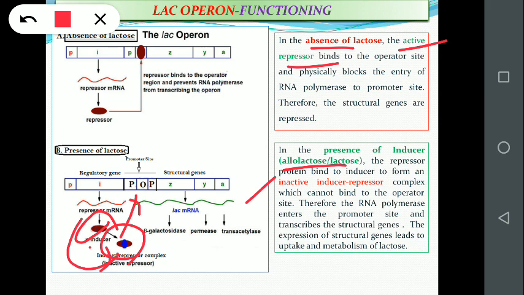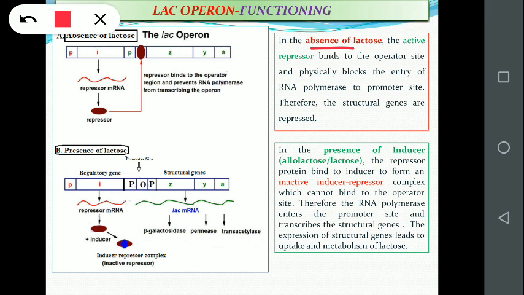That allolactose acts as a stronger inducer than lactose. The allolactose comes and binds to the repressor molecule, so it becomes inactive, the structural genes are switched on, and transcription and translation take place.